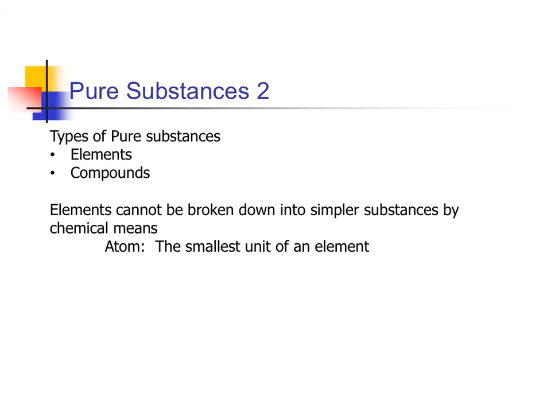And so they actually have a chemical formula that we have to worry about, and those elements are looked at as well. And the elements, so you can look at gold and copper and silver, they are elements. It can't be broken down into simpler substances by chemical means, and the smallest unit of an element is an atom.